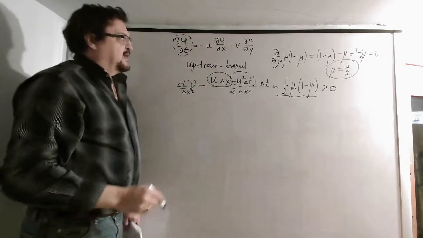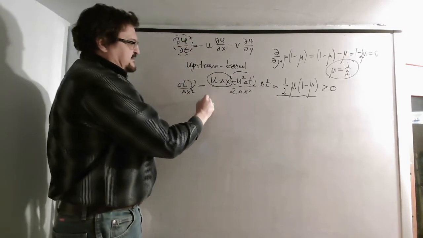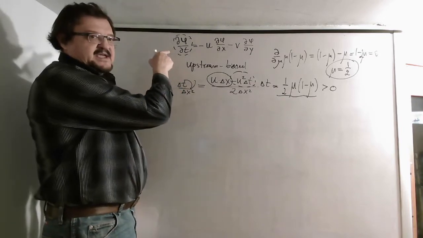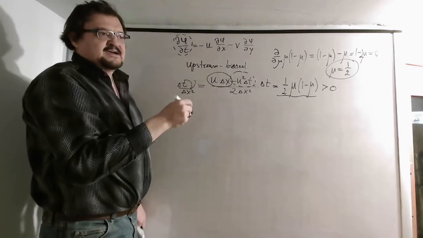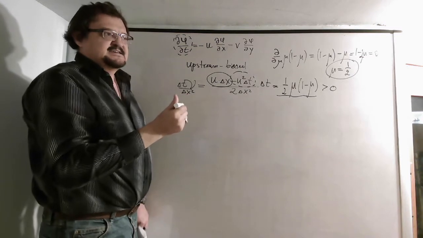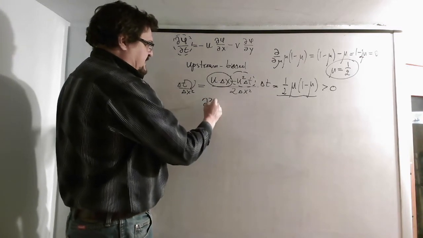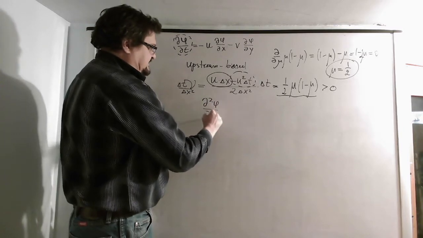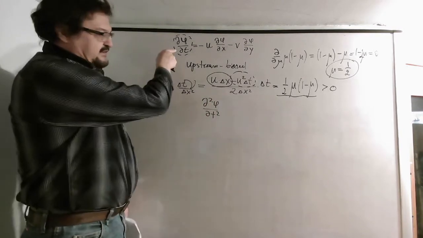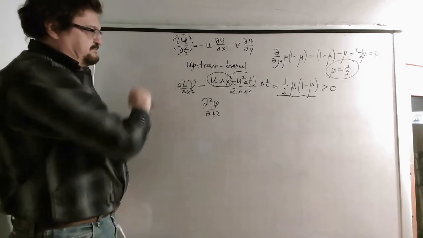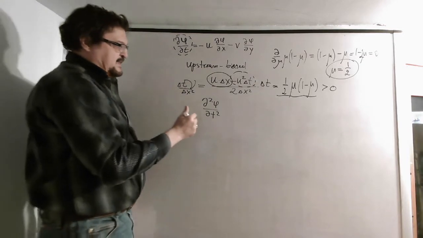and replacing second derivative in time from that expansion using identity of wave equation. Remember that we have second derivative of phi over dt square. That's the term that we have there in the Taylor series, second term after a linear term.